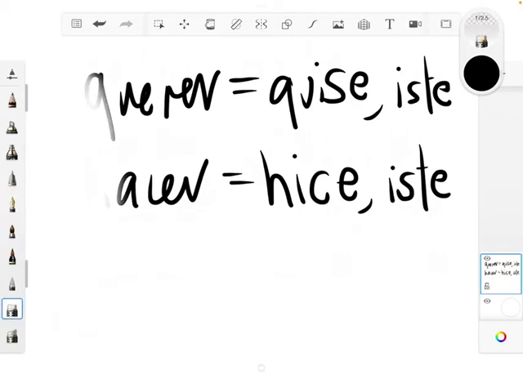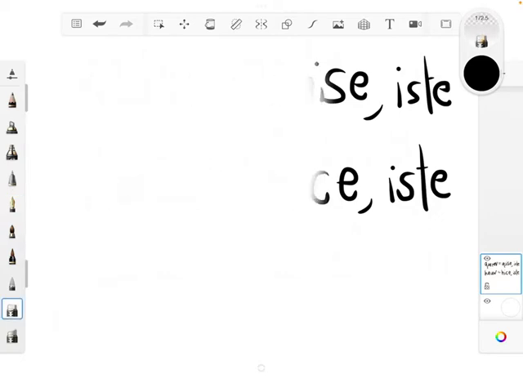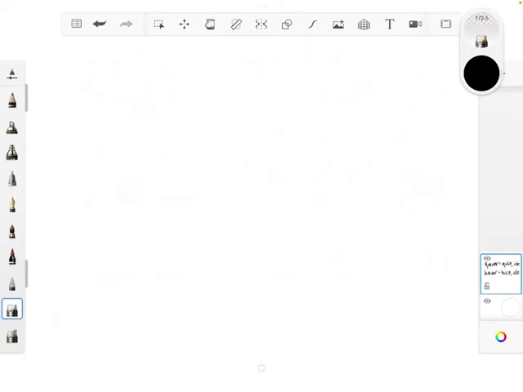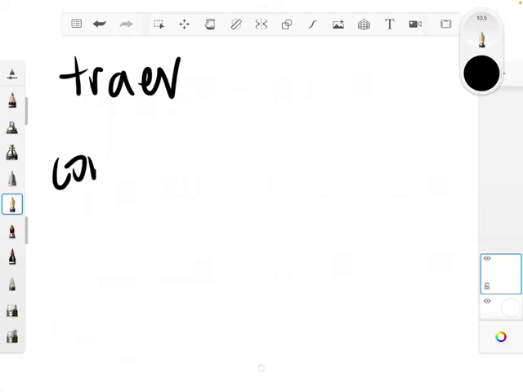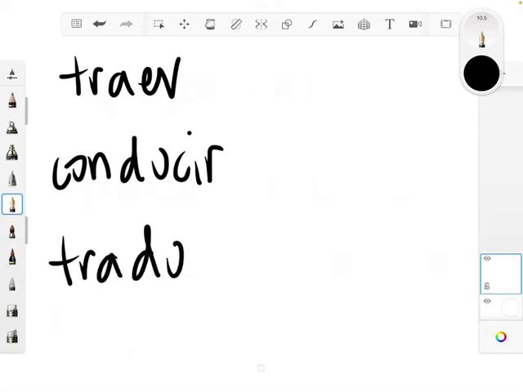And then finally, the verbs traer, conducir, and traducir. Traer will change to traj.